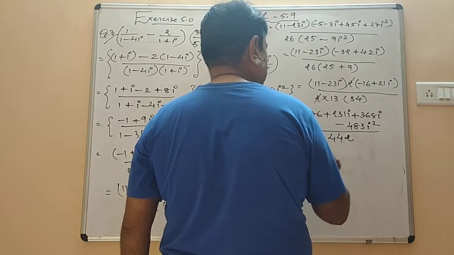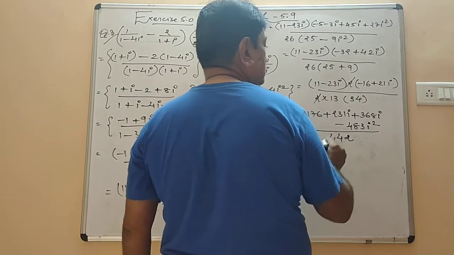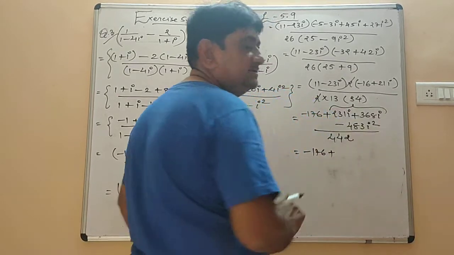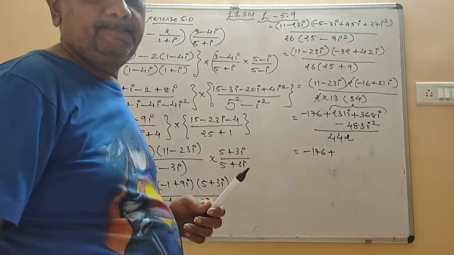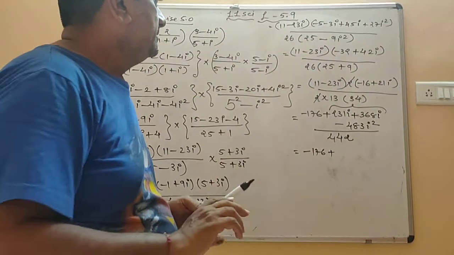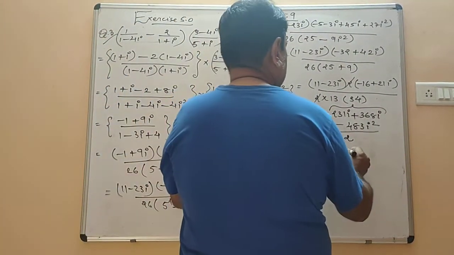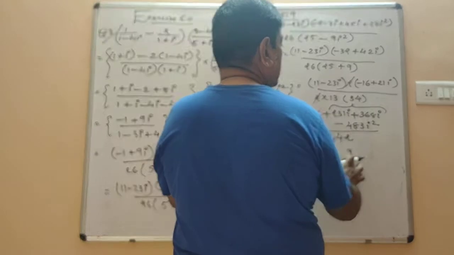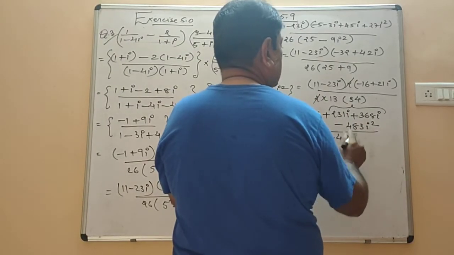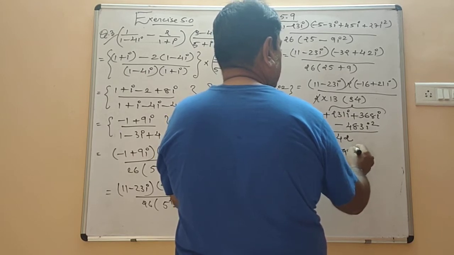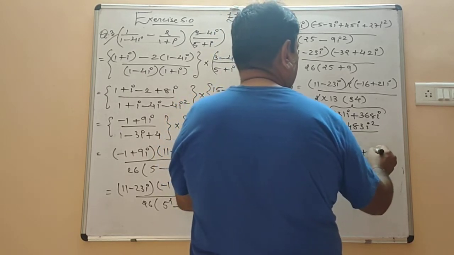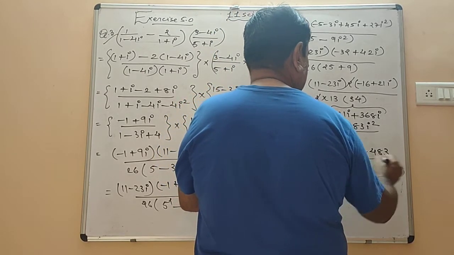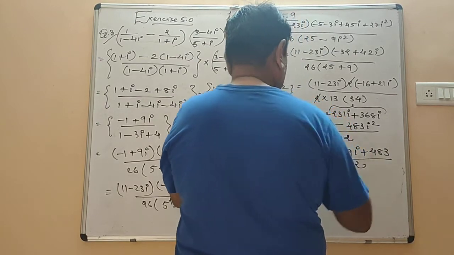Now it is minus 176 plus these two terms containing i. 8 plus 1 9 6 and 3 9 3 and 5 99i plus 483 upon 442.